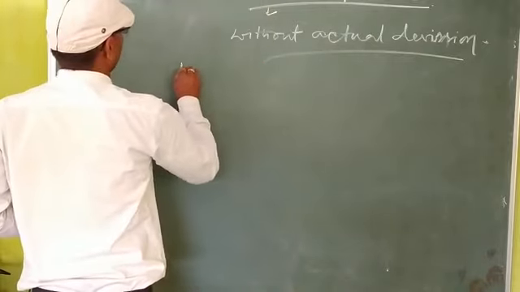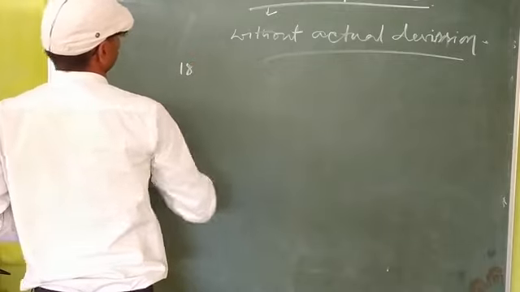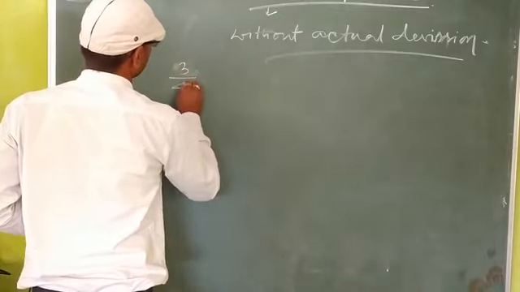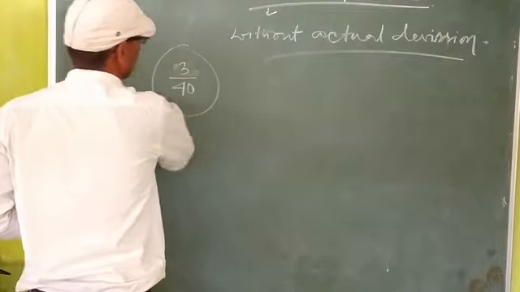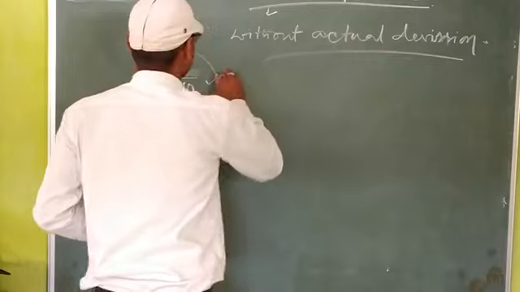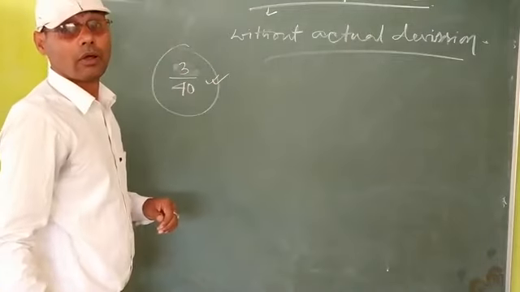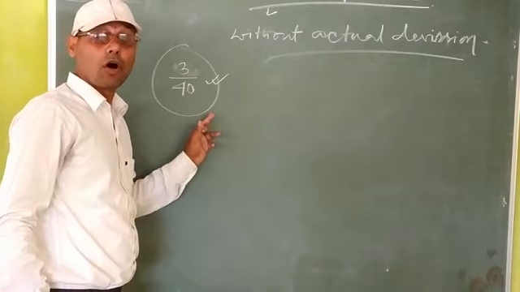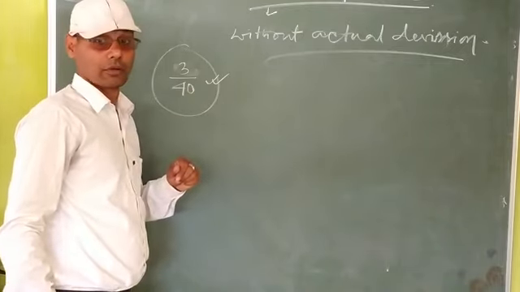Suppose here is 3 by 40. Yes, this is rational, you know very well. But how can you say whether its decimal expansion will be terminating or non-terminating?